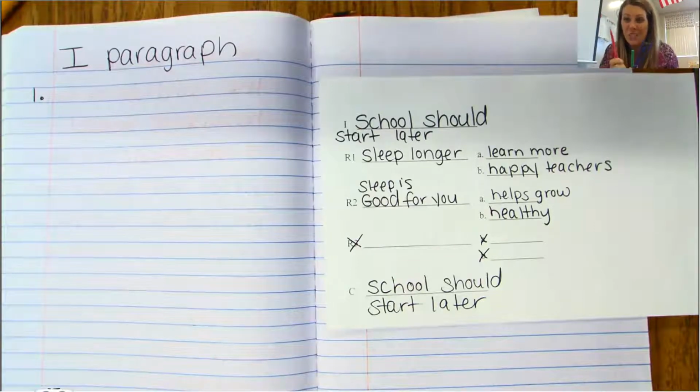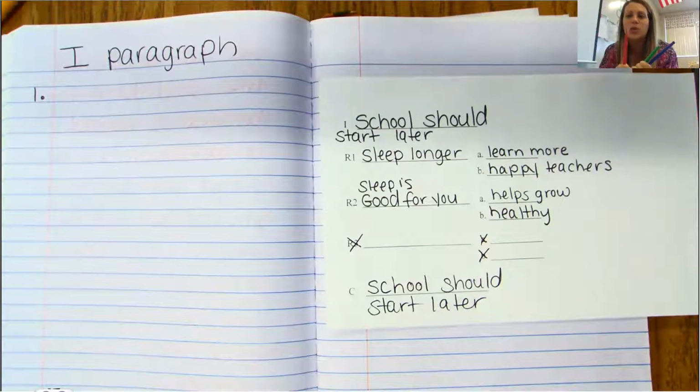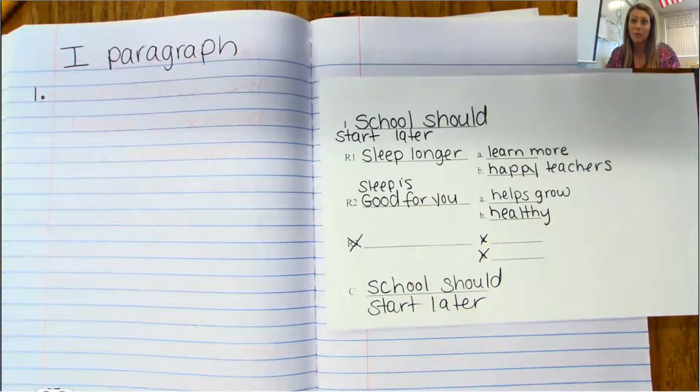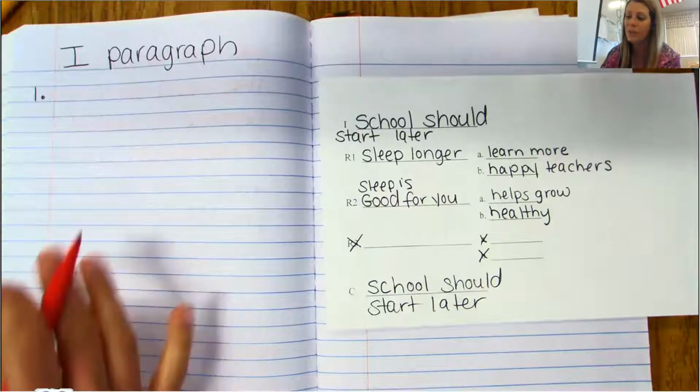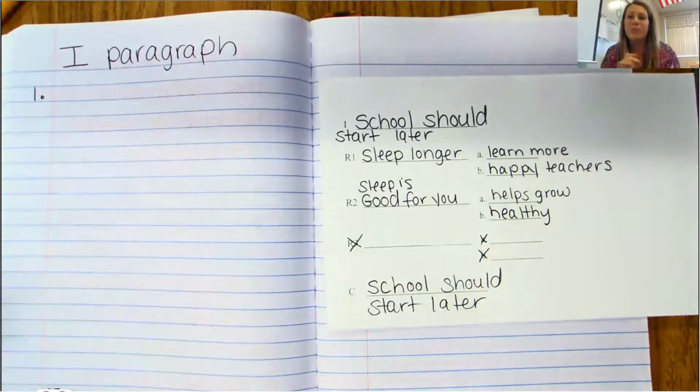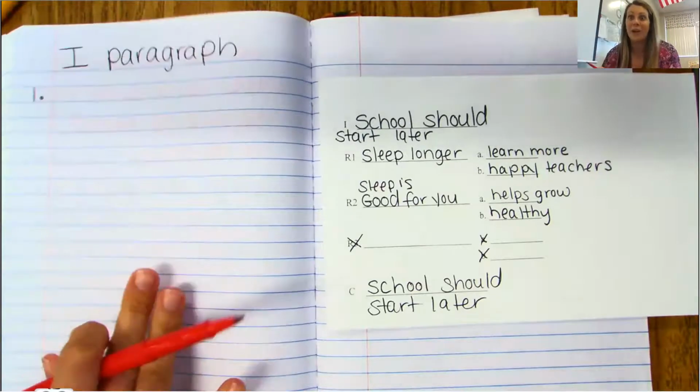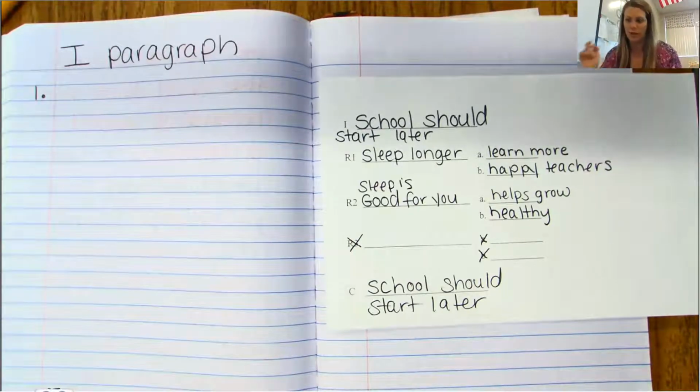If you need to pause the video and get a red, a blue, and a green crayon, marker, or colored pencil, something to help us color code our I paragraph so that you make sure you have all 3 of the things, that's fine, okay? All right, so in red, you're going to underline yours and I'll model in red, but right now for our notes, we can just write it in red.